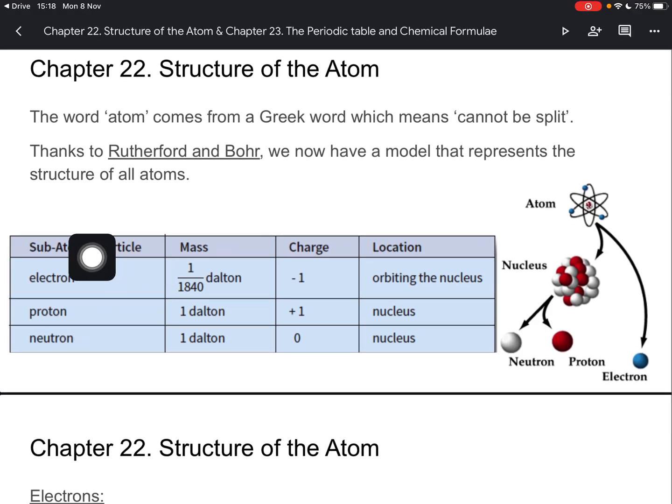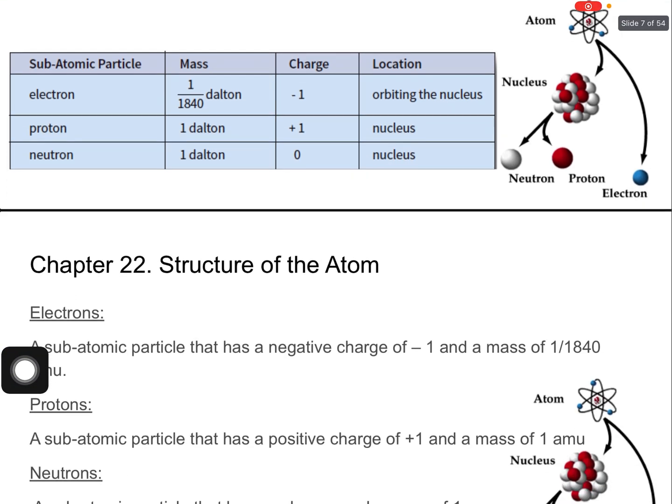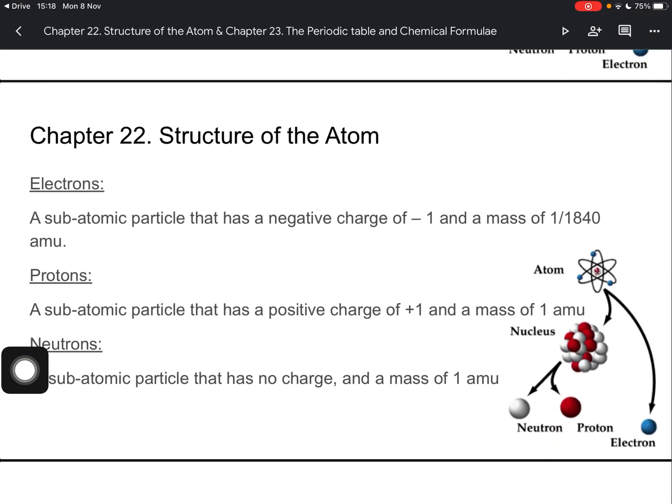And we said the electrons, which are outside and orbiting around the atom, are -1. They're our negative charge. And then we have this nucleus in the center of the atom that has our neutrons and our protons. And our protons had a +1 charge. They were our positive charge.